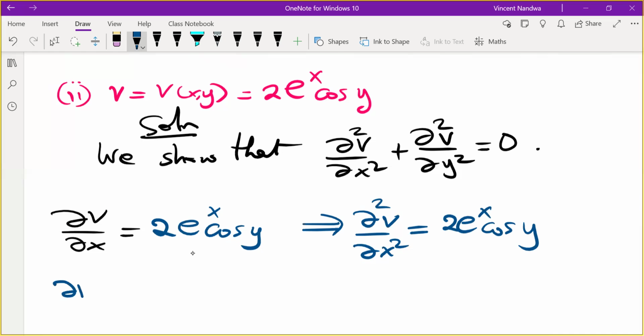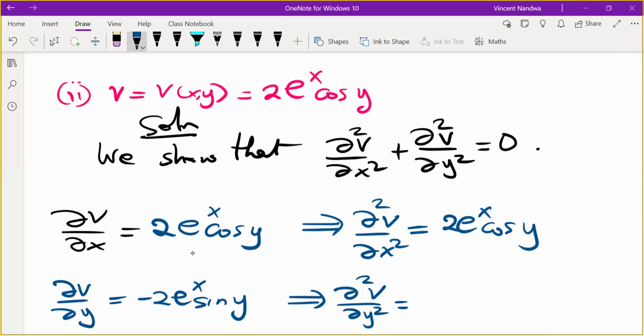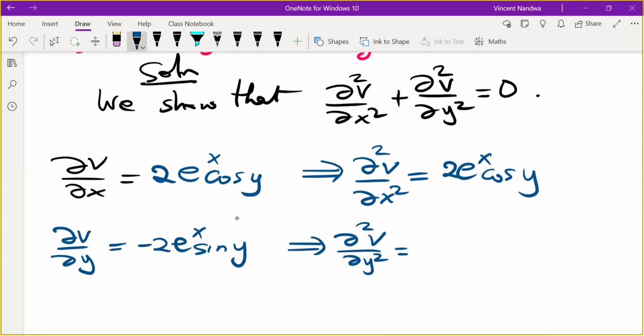And then with respect to y, which means the second partial derivative with respect to y is 2 e power x cos y, still negative. Because when you differentiate sine y, you get cosine y, but there's a negative sign, okay?